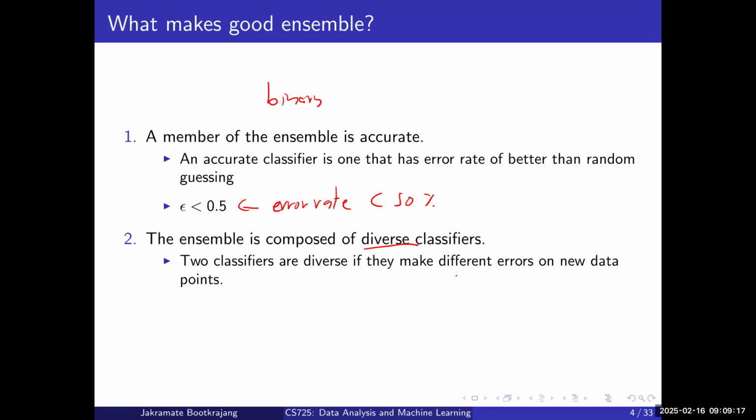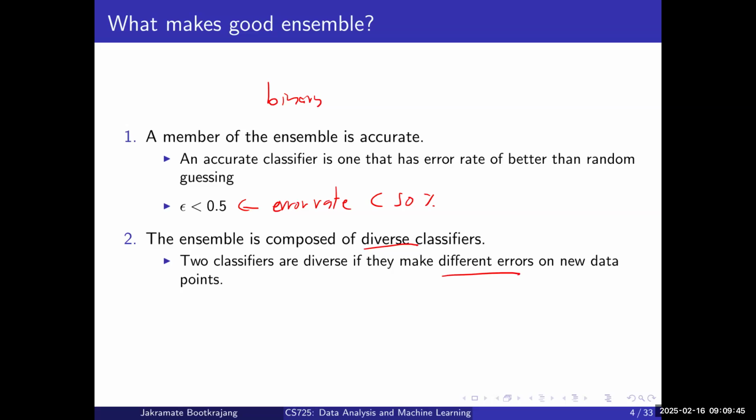Different errors doesn't necessarily mean that you guess everything differently, right? Even if they guess the same prediction correctly, the confidence of each classifier should be somewhat different. So we don't want them to agree on everything.